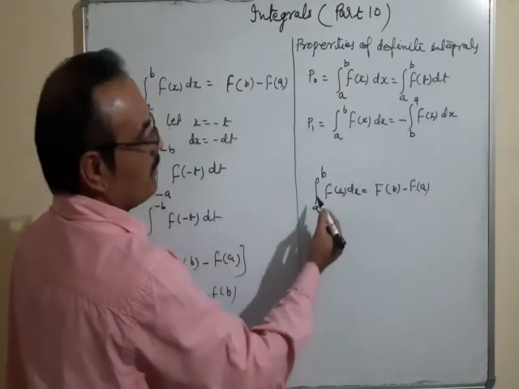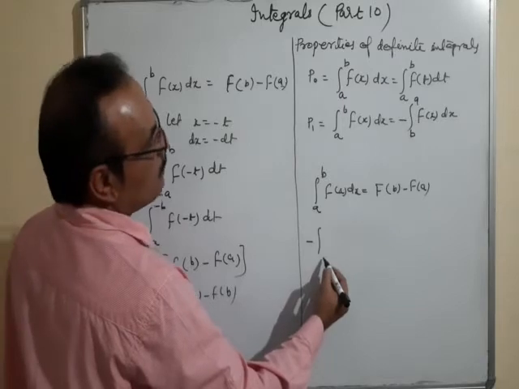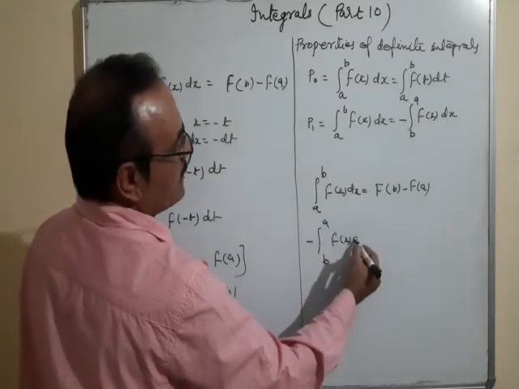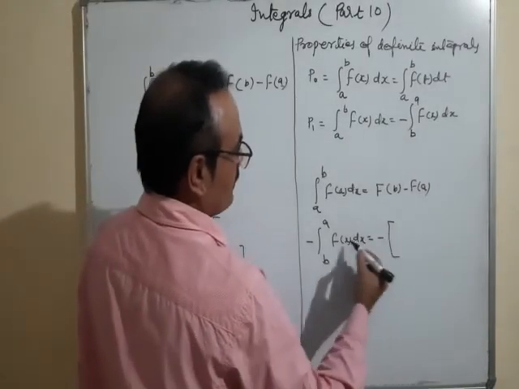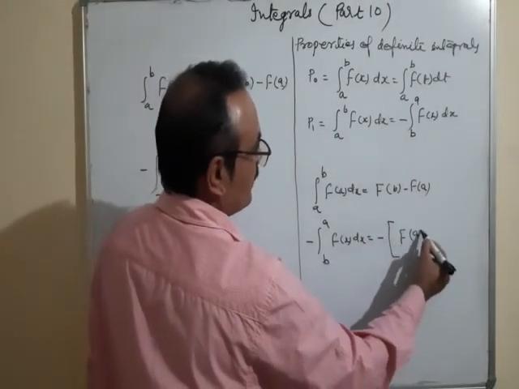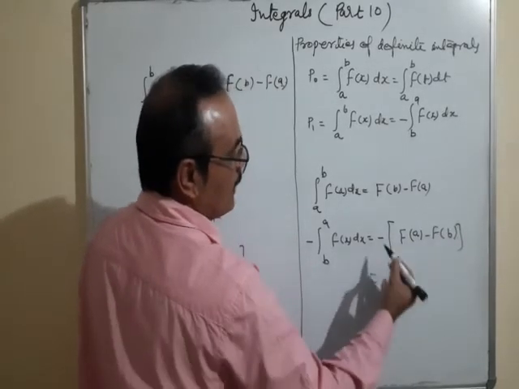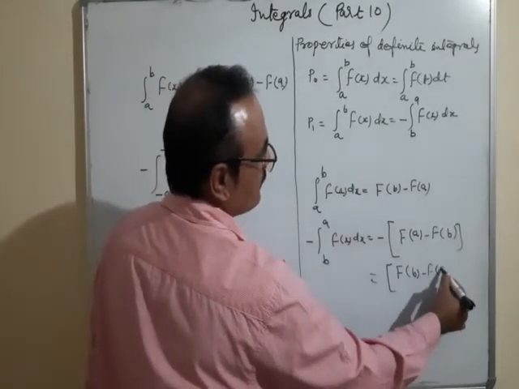Is it okay? If I take here minus b to a and f of x dx, then what happens? Minus, it is f of a minus f of b. Okay. I'll take the minus sign out. So what is this? F of b minus f of a. Okay.